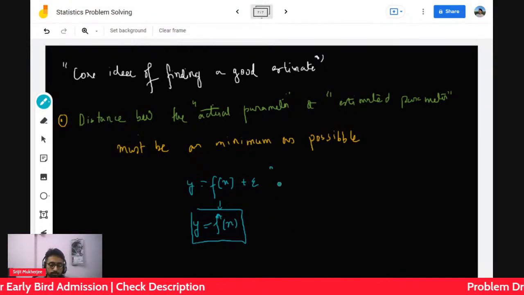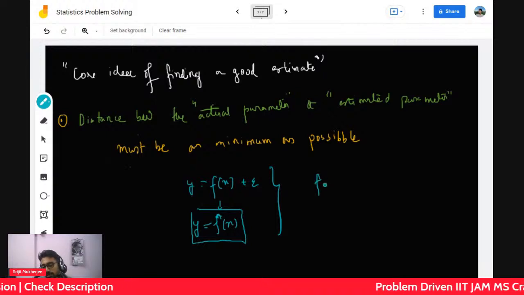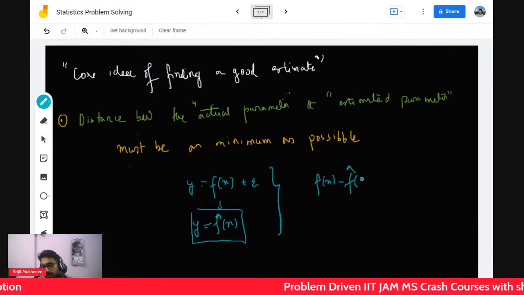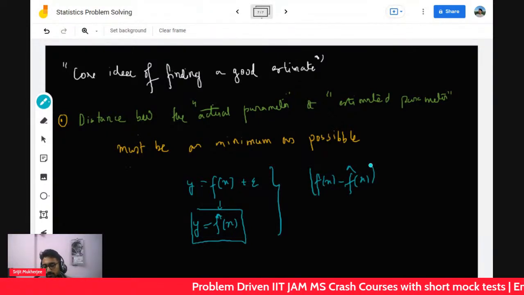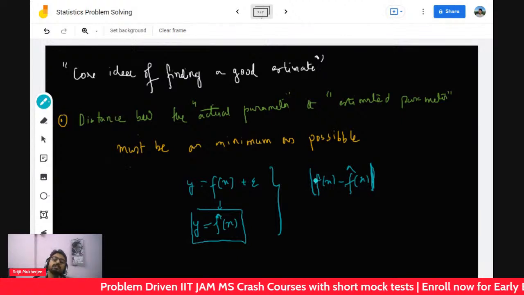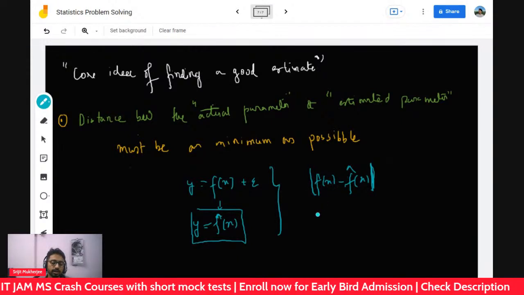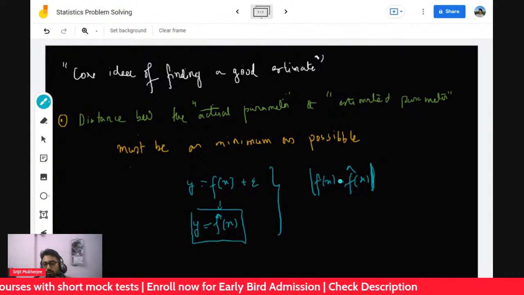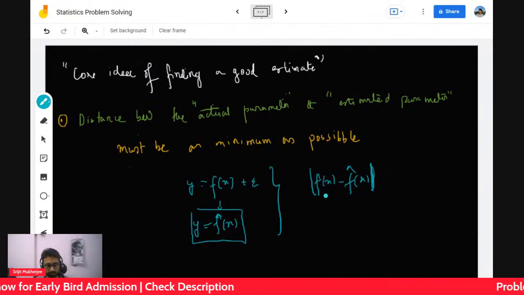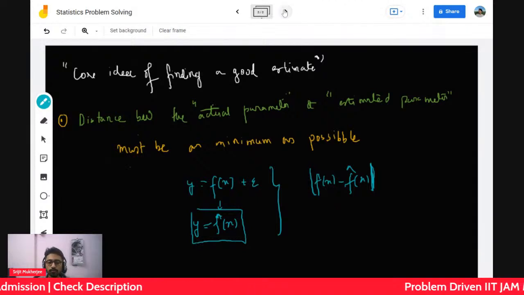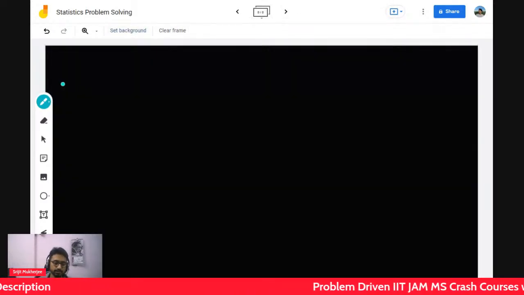So now the idea is that we are trying to minimize nothing but a distance between f hat and this. This is what we are trying to minimize, right? We're trying to find an f hat that is very close to this. Very good.